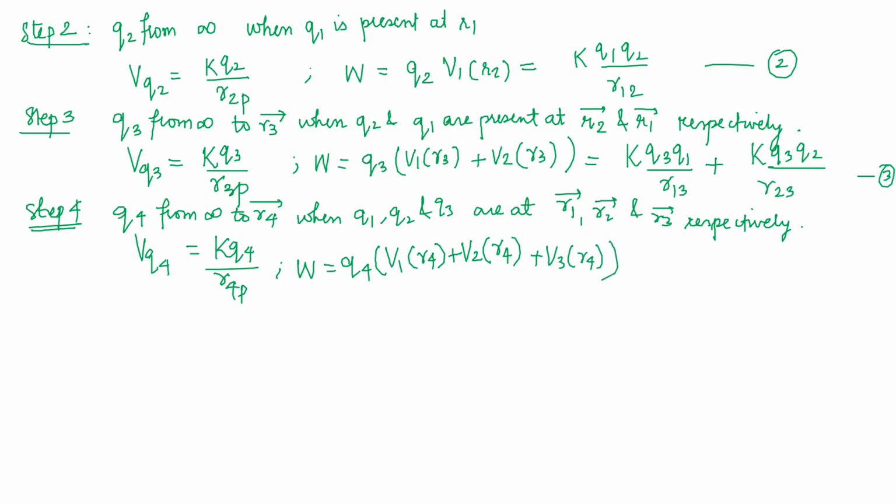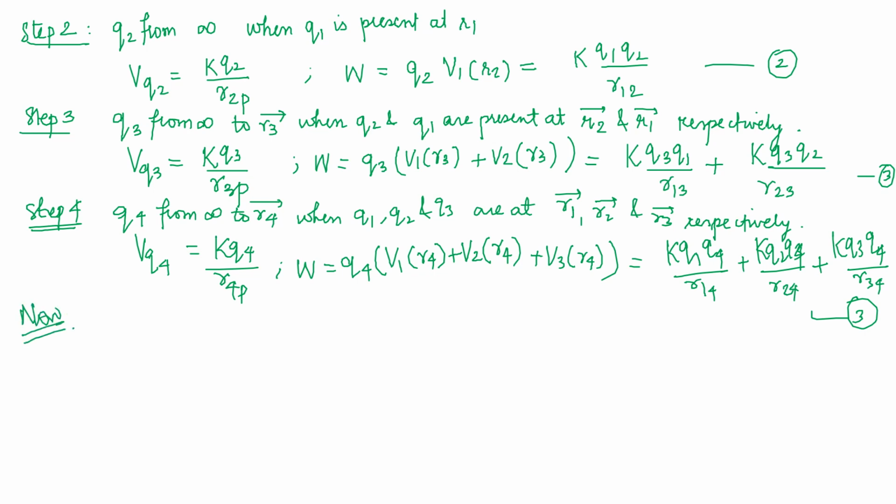We know v1, v2, v3 from the above equations. So the work done we find is kq1 q4 upon r14 plus kq2 q4 upon r24 plus kq3 q4 upon r34. So that is the equation number 4.